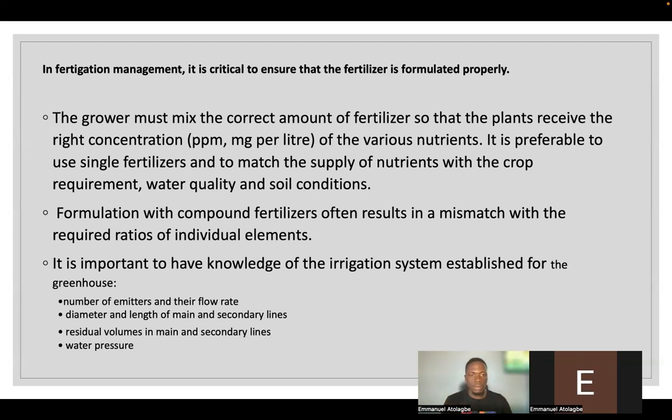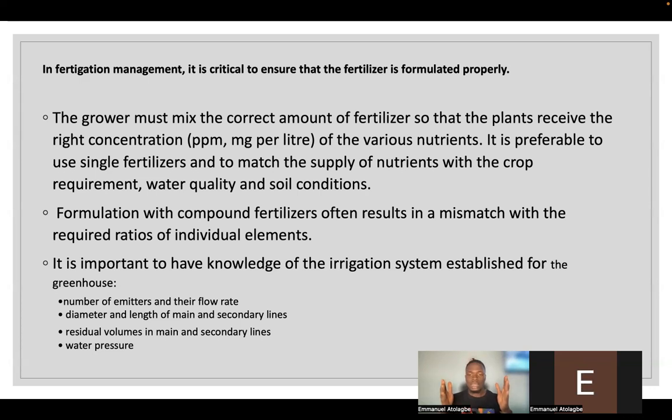So formulation with compound fertilizers often results in a mismatch with the required ratios of individual elements. This is quite explanatory. It is important to have knowledge of the irrigation system established for the greenhouse. In a simple greenhouse, you have a primary line and a secondary line. A primary line is also called lay flats. Lay flat is what supplies water to the secondary lines.